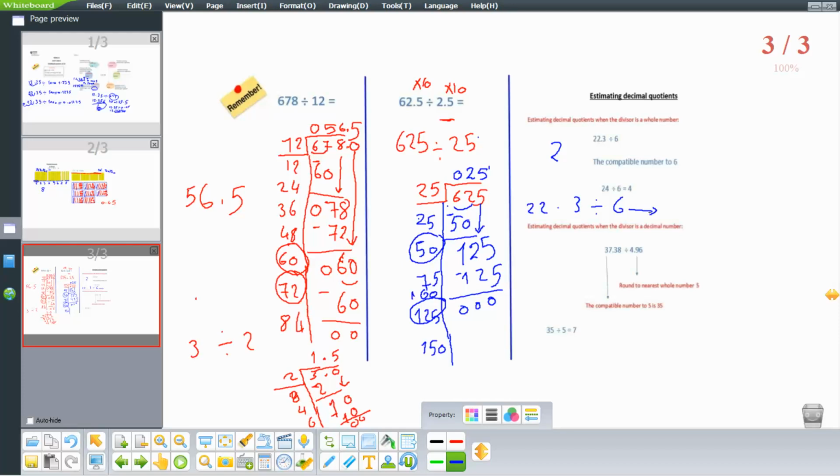The closest number to 22 that can be divided by 6 is 24. 24 divided by 6 equals 4.